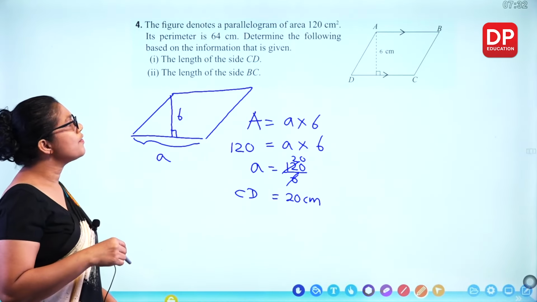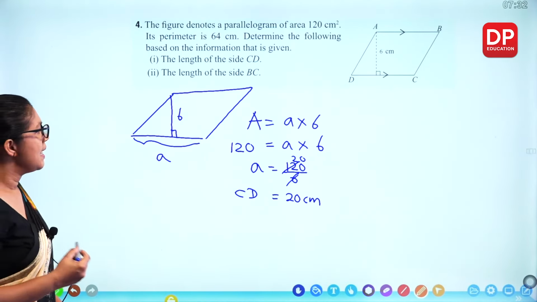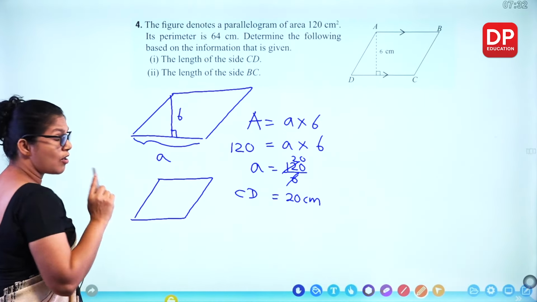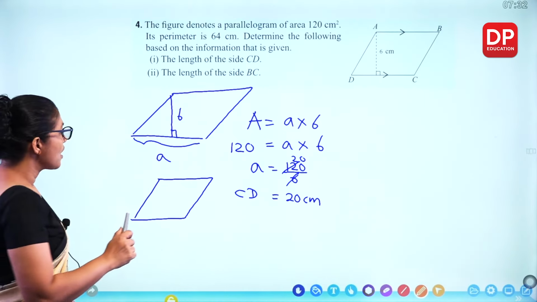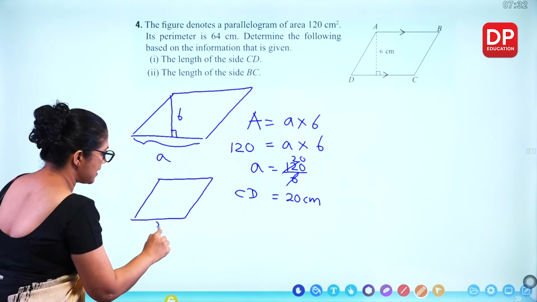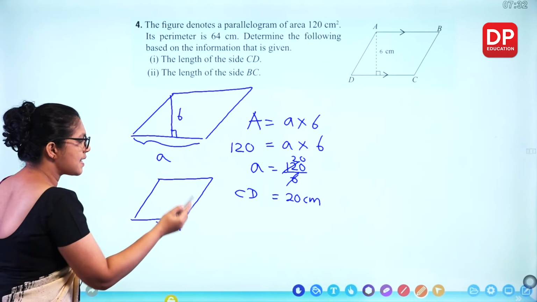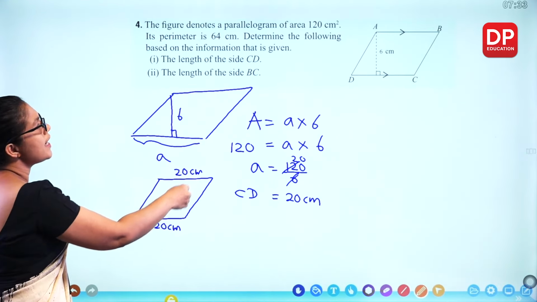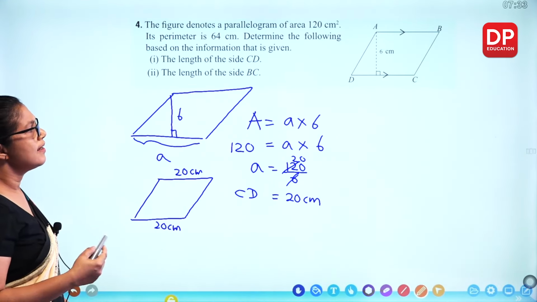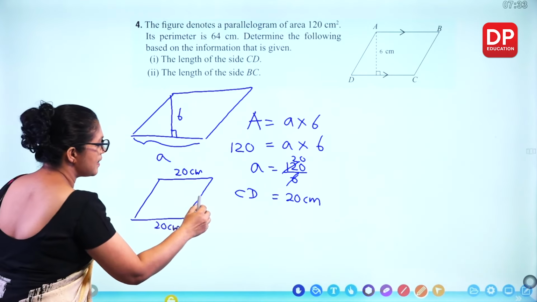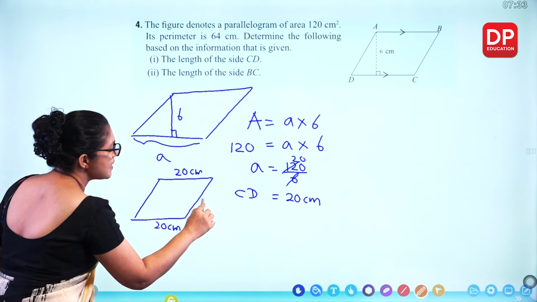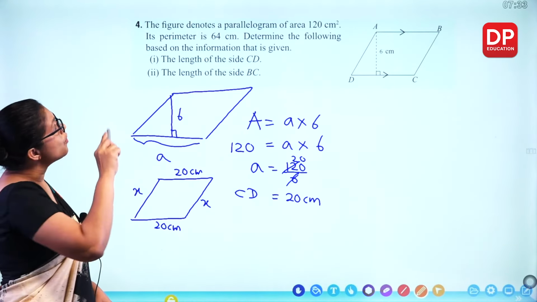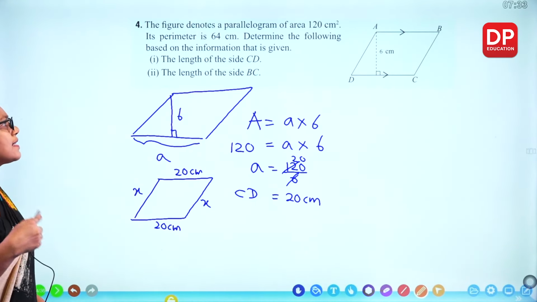Now we need to find out the length of the side BC. But according to this parallelogram, we know A is 20 centimeters. And opposite sides are equal. This is also 20 centimeters. We need to find out BC length and AD length, same length there. So I'll put this one as X. This is also X. We know that the perimeter of this figure is 64.